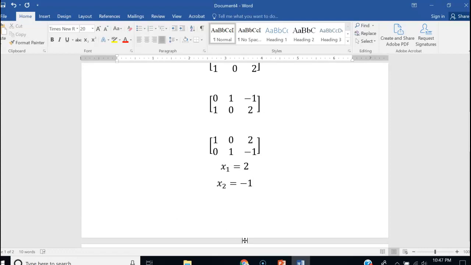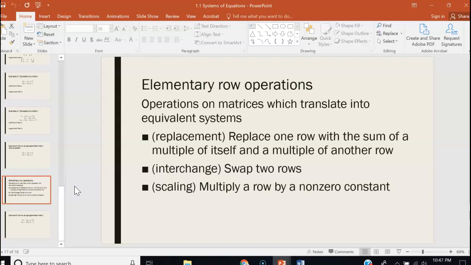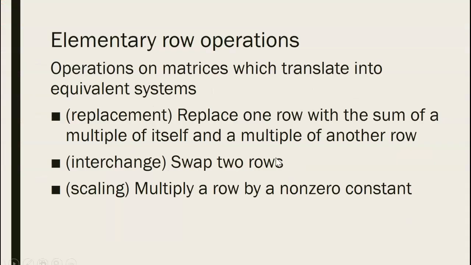So using these elementary row operations is a big part of simplifying, creating equivalent systems of linear equations. And again, we call those equivalent matrices. But the elementary row operations are the big things. We can use replacement, we can swap rows, and we can multiply or divide a row by any non-zero number.